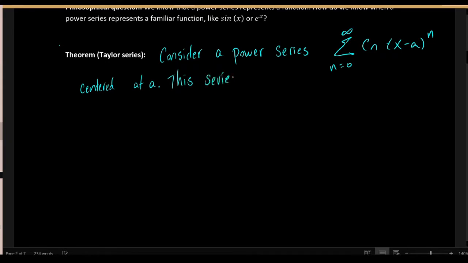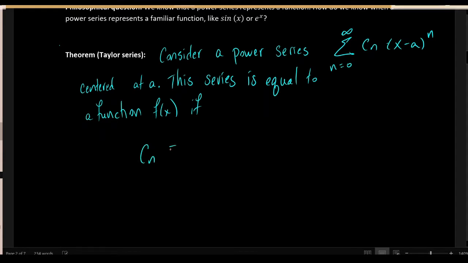This series is equal to a function f of x if the nth coefficient of the series is always the same thing as what you would get if you took the nth derivative of the function, evaluated it at the center, and divided it by n factorial. If every single coefficient in your power series centered at a can be expressed using this formula, then the power series is equal to your function f of x.